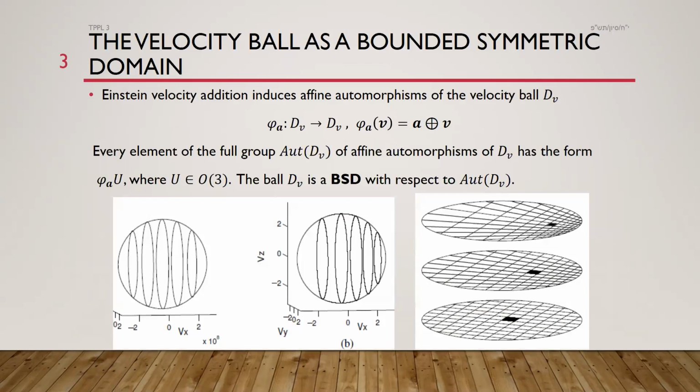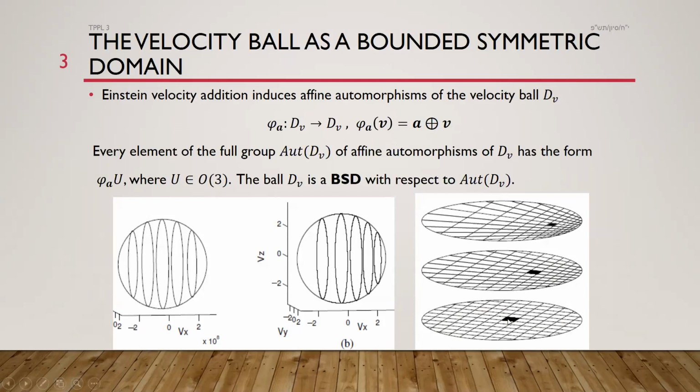Here's a short summary of what we saw with the affine automorphisms. So you can see the action here on the ball. These slices are supposed to be edge on and are shown slightly bent for effect. And each slice gets moved to the right if the boost velocity is in the x-axis.